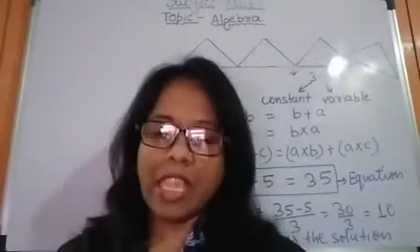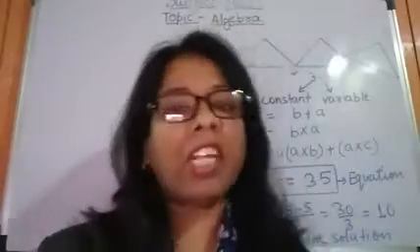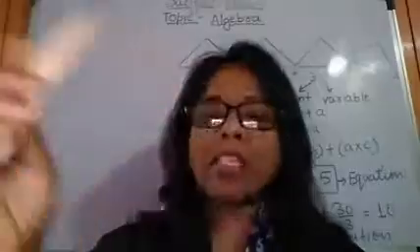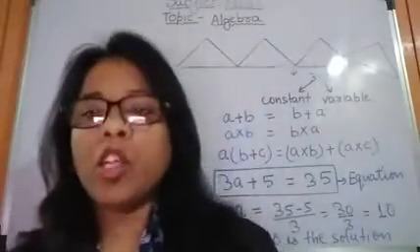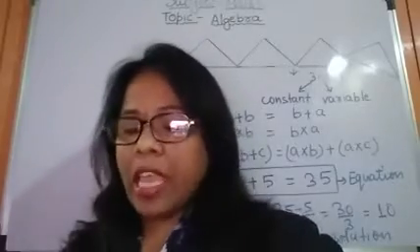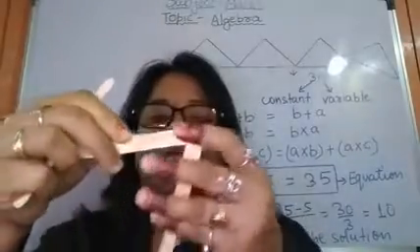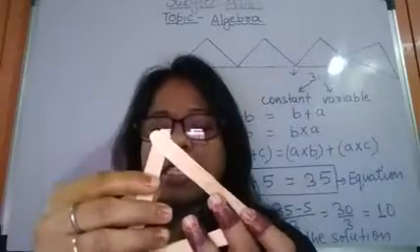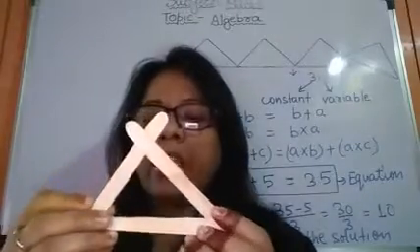Okay, so let's see. I want to make a triangle. I have some ice cream sticks and I want to make a triangle. So see, by using these 3 ice cream sticks, I can make a triangle.